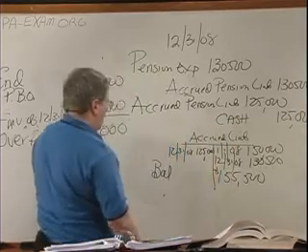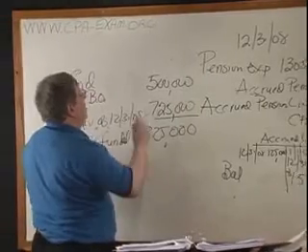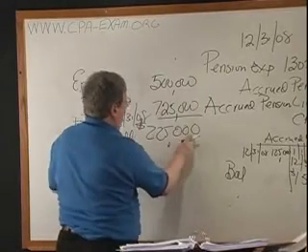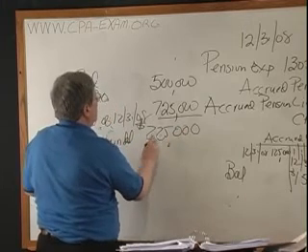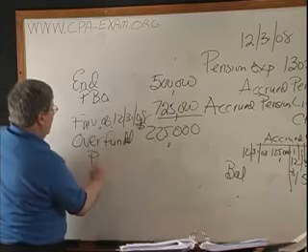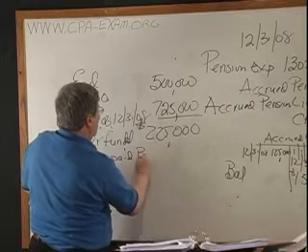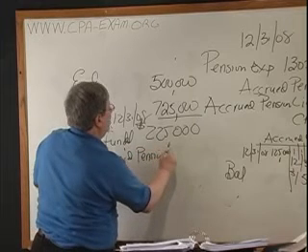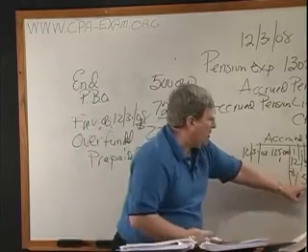First of all, we have to end up with a prepaid pension cost of $225. So this is what we do. We will debit prepaid pension cost of $225.